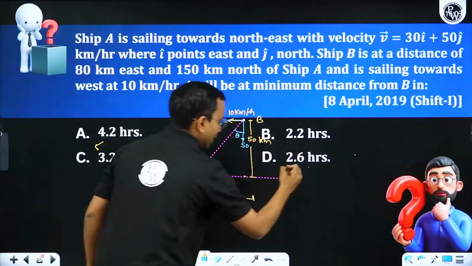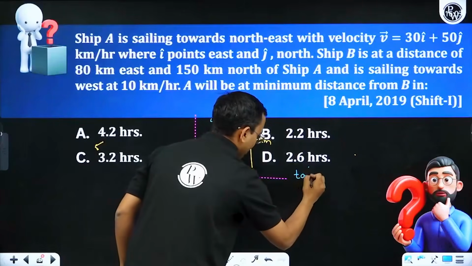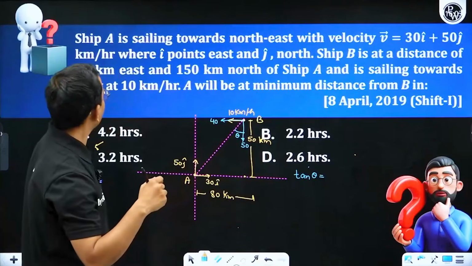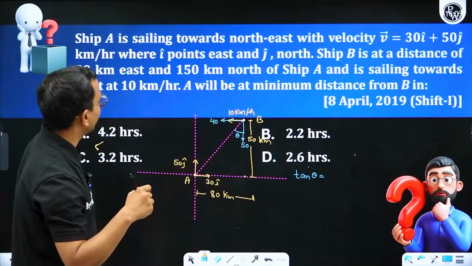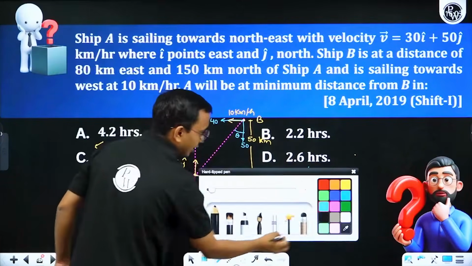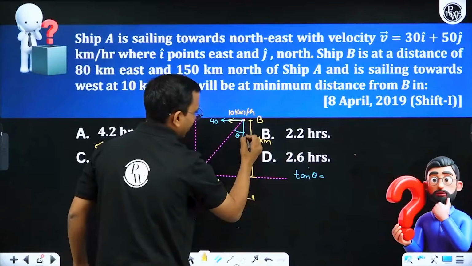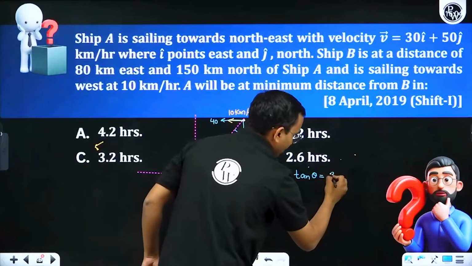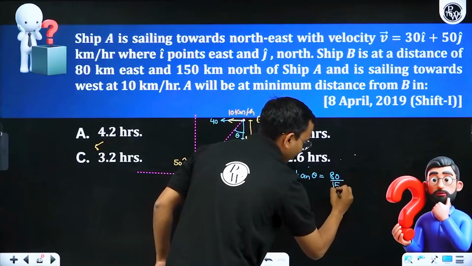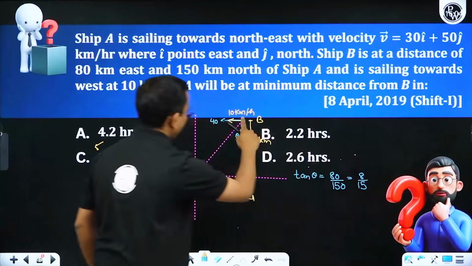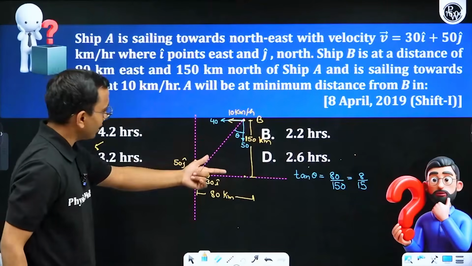So tan theta is 80 by 150, that is 8 by 15. And tan of this angle will be 4 by 5, which is greater than that.